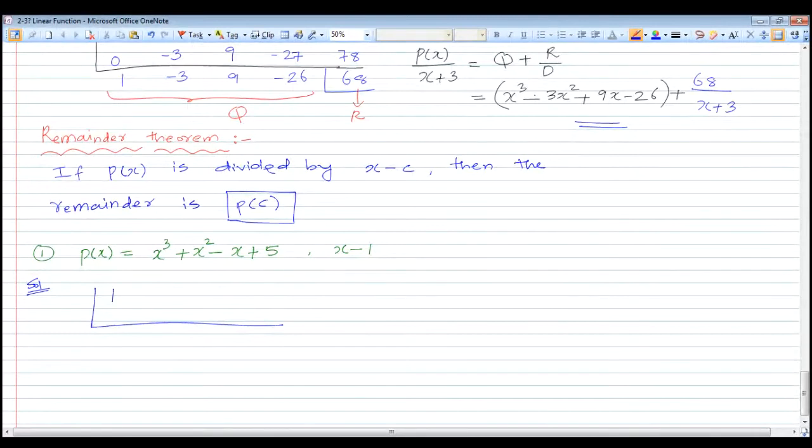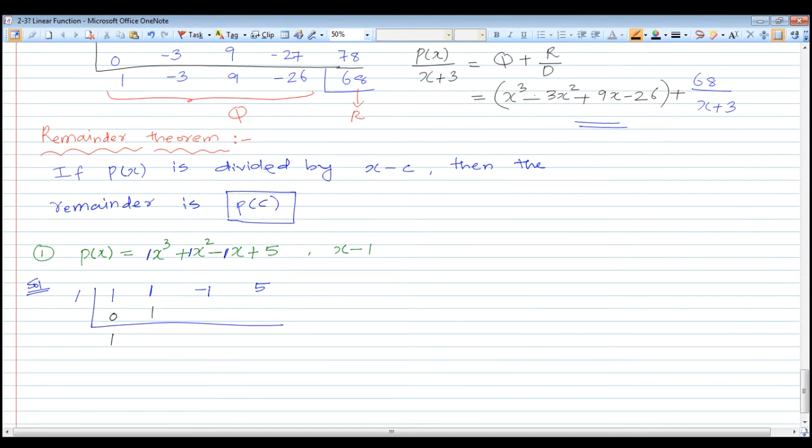This is 1, here the coefficient 1. So here you will have 1, again 1, here minus 1, here 5. And what about the c? Opposite sign, right? Here it becomes plus 1. So start the synthetic division. 0, here 1.